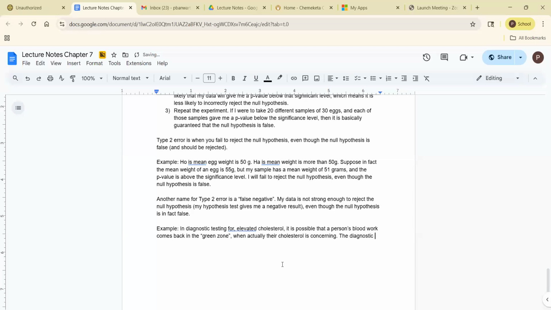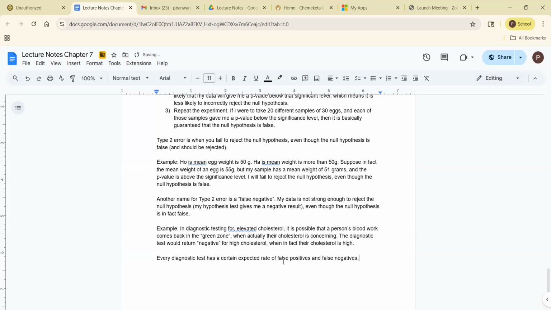The diagnostic test would return negative for high cholesterol when in fact their cholesterol is high. Every diagnostic test has a certain expected rate of false positives and false negatives.